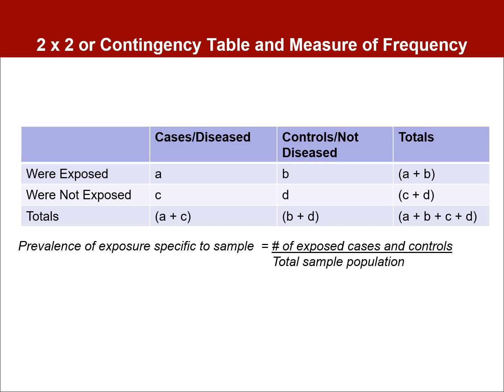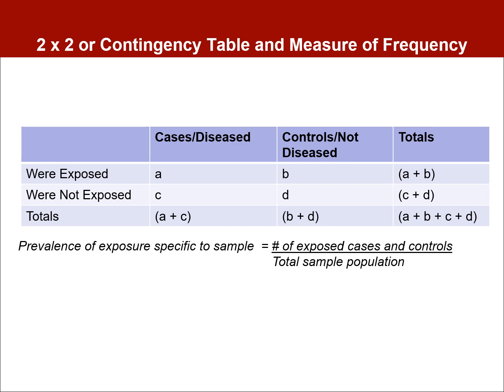So here's an example of a 2x2 table where it's set up with the exposure information on the horizontal axis and the outcome on the vertical axis.